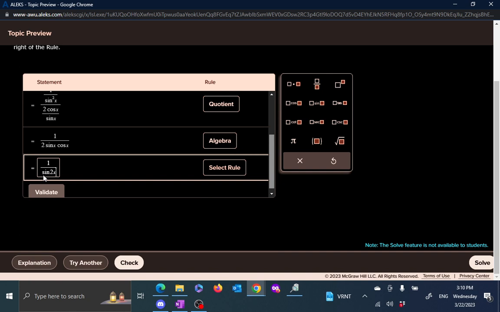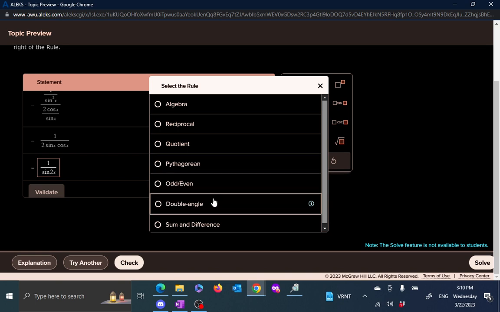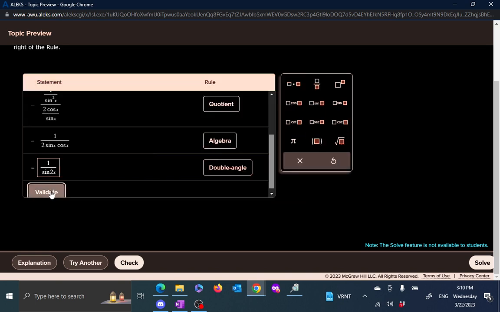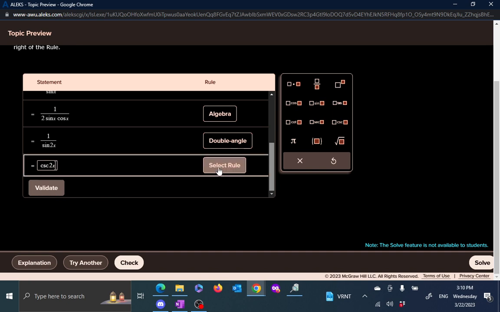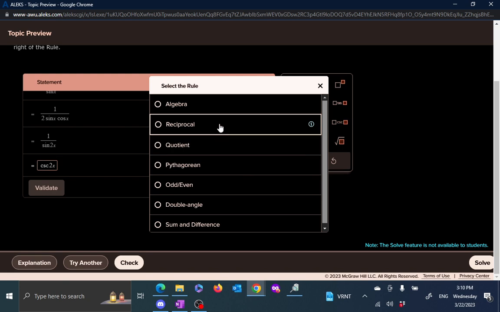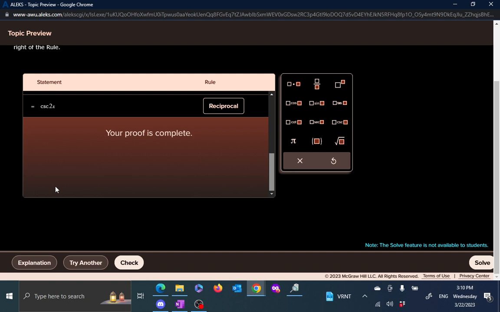Really need parentheses there, but let's see if it becomes as sloppy as us. And 1 over sine of 2x, that is the double angle identity. I use double angle. Okay, still happy with that. And then that is cosecant of 2x. That is by the reciprocal identity, and that handles that.